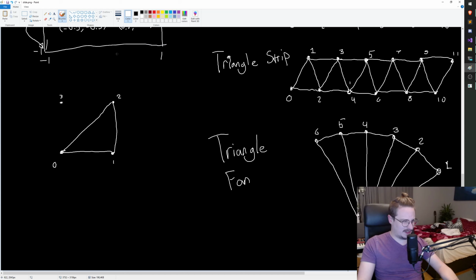So how do we fix this? Well, we could just use triangle strip, right? Because if we take the first 4 here, that's a square. If I fill this in like this, that makes a square, right? So what if we use triangle strip?